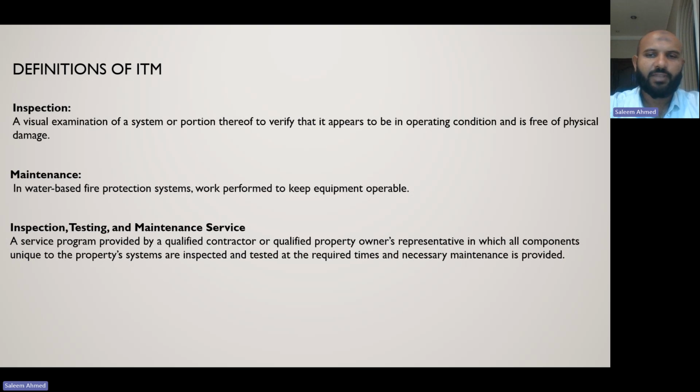Definition of ITM: inspection, testing, and maintenance services. Inspection means that from the ground level, we are visually inspecting that the particular equipment is in good condition, free from physical damage, and in operable condition. Maintenance means we do some kind of job on that equipment in order to keep it operable.